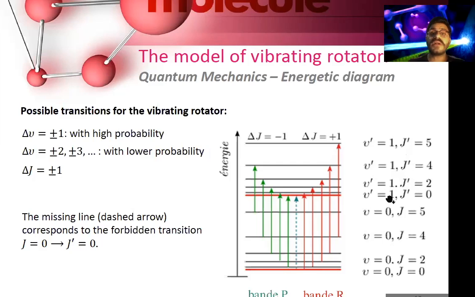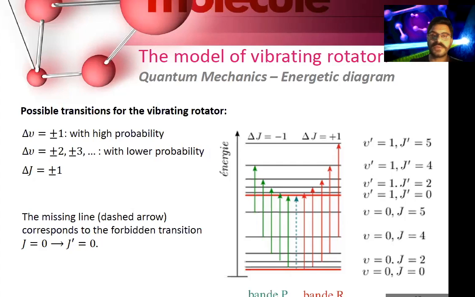Now, what are the transitions in terms of absorption in this case that are accepted? As I said, first of all, what you should notice, from the point of view of vibration alone, you could go from V equals 0 to V prime equals 1. But J would always be equal 0. So you go from J equals 0 to the second level, J prime equals 0, and this is not allowed.